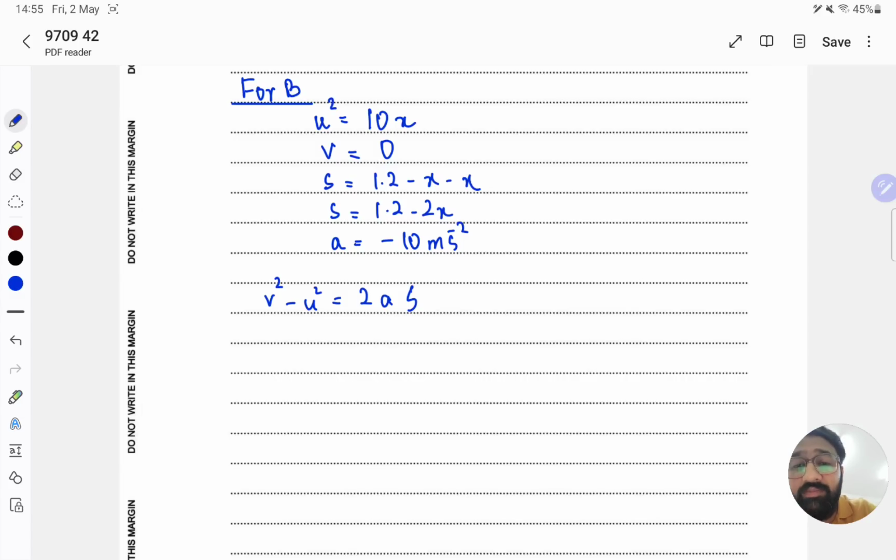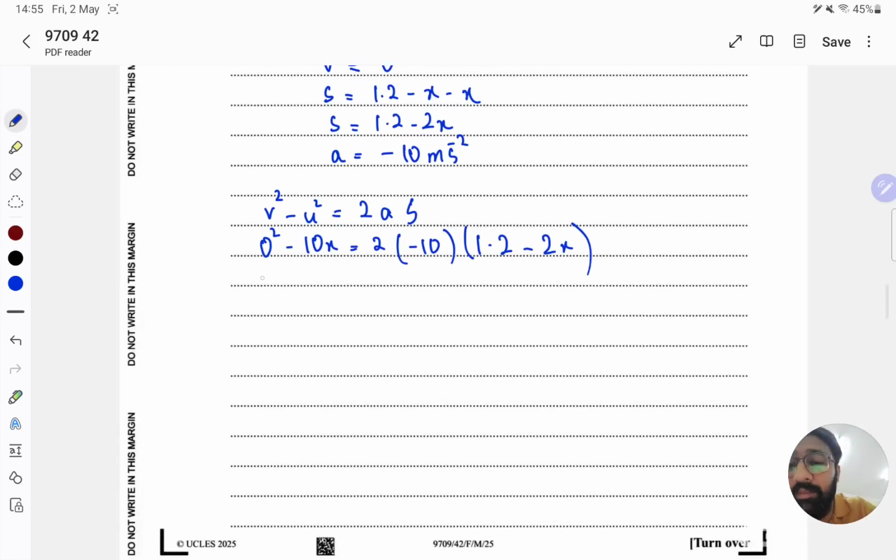The value of v is 0, so 0 square minus u square is 10x, 2 times the acceleration is minus 10, and the distance that it is covering is 1.2 minus 2x.